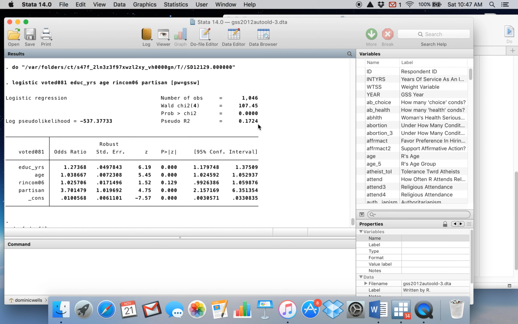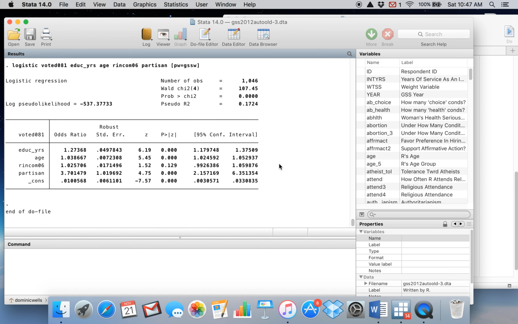The pseudo R squared has now gone up to 0.17, and the probability that we could predict the likelihood of voting randomly better than this model, well, we can't. So this model is better than random chance.